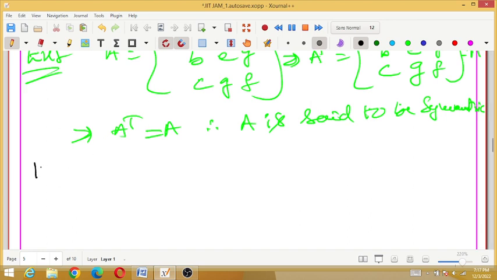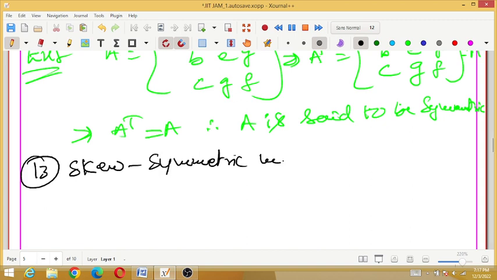Now we want to discuss the skew symmetric matrix.